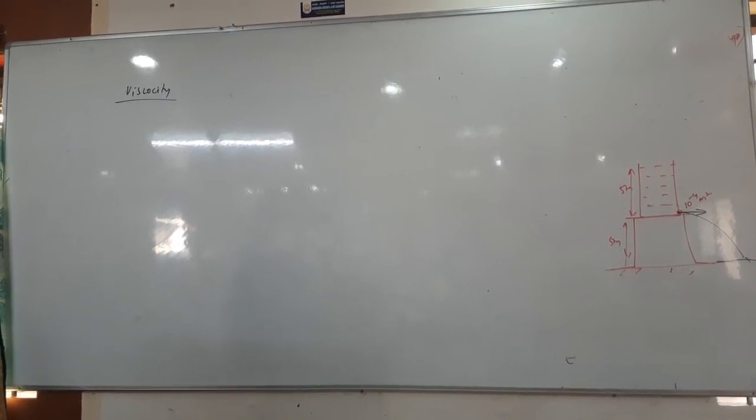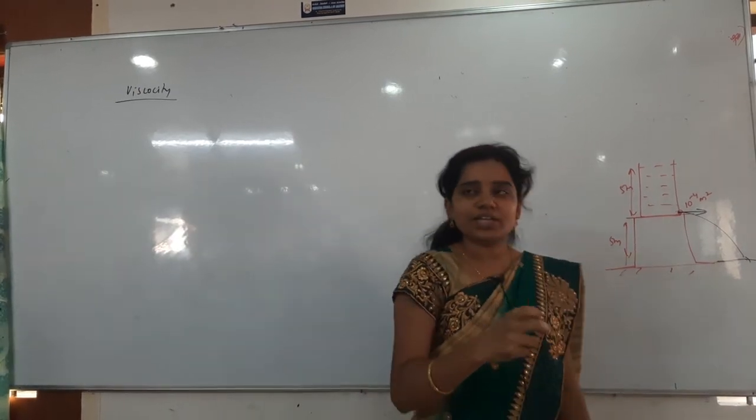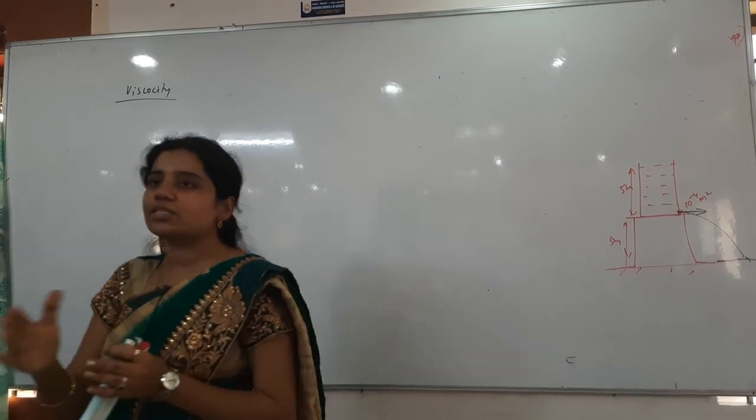If water is flowing, the layers are sliding on each other, and even between them there will be friction. That friction is known as viscous force. One more important thing, important for theory questions: consider a river, as you might have seen on Discovery channels.